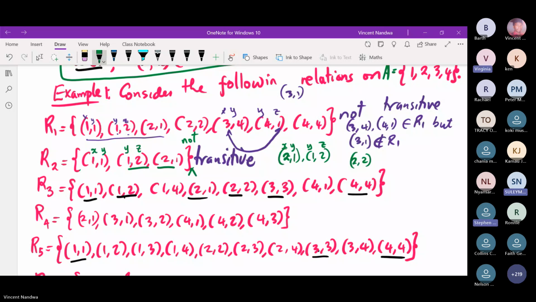It's not going through, sir. There's a wall. I think R2 is transitive. The class is over.